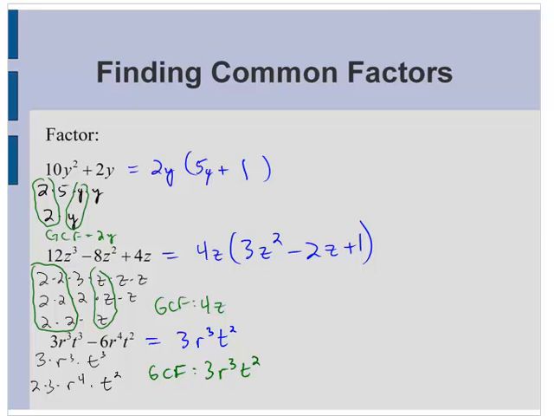So 3r cubed t to the second times what? Well, the 3r cubed is okay. We would need a t to the first power for the first term, and we would need a 2 and an r for the second term.